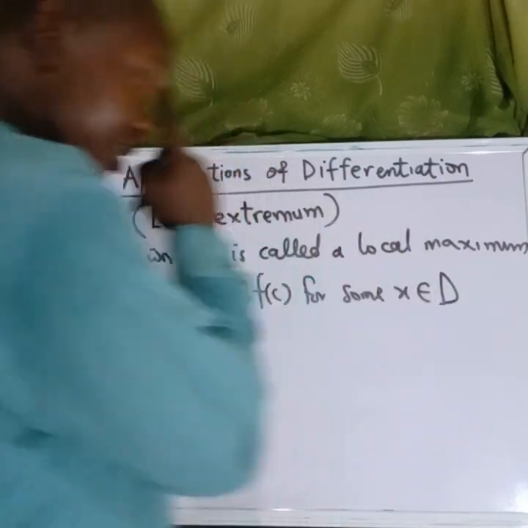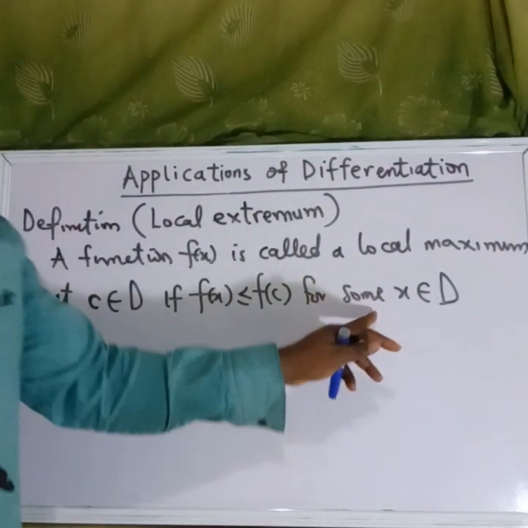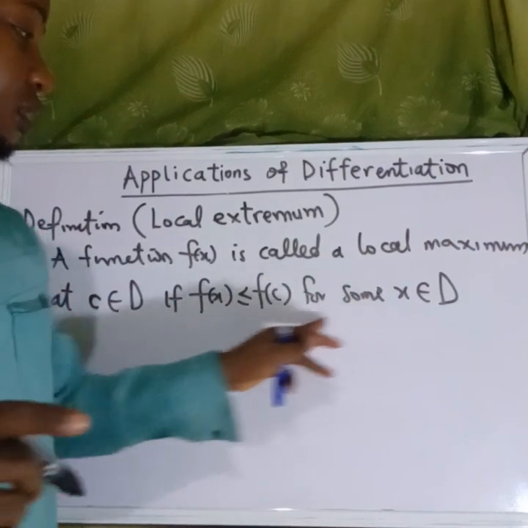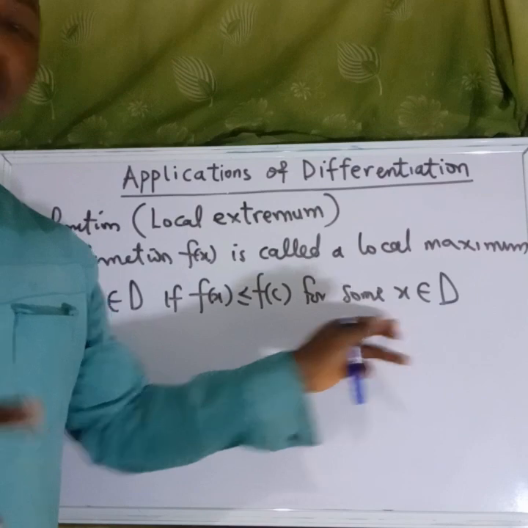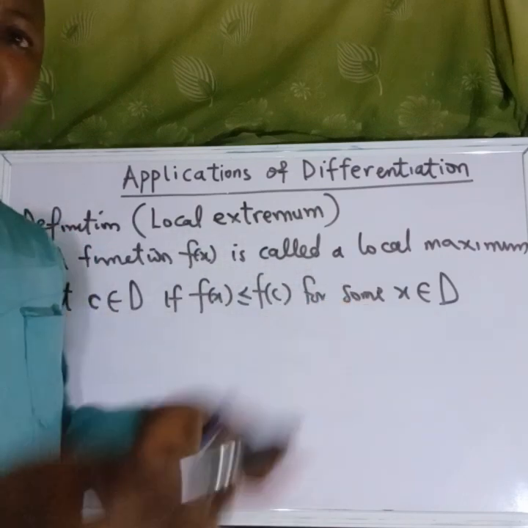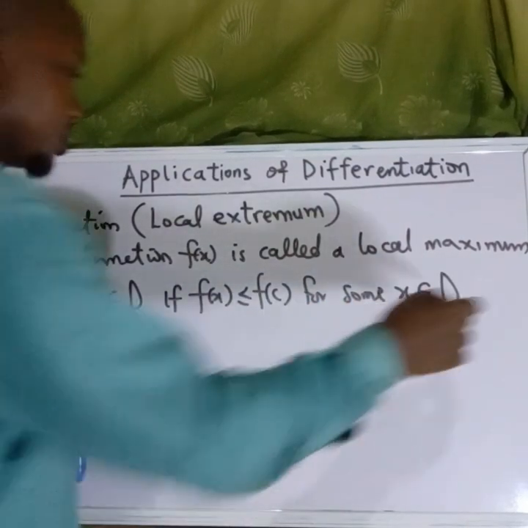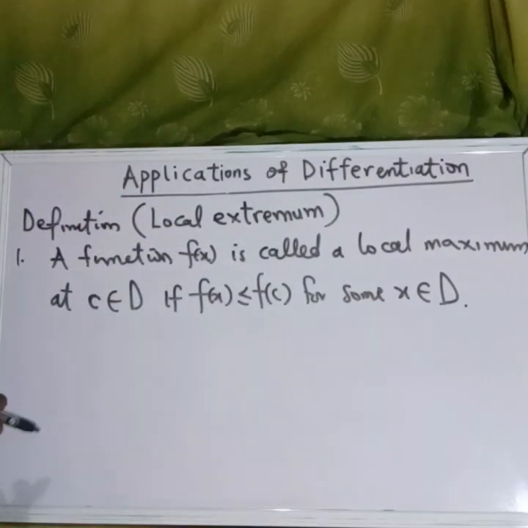So as you can see, the language is changed here. For the global maximum, we use for all x, but in this case, it is for some x, not all x. So that's the major difference between them.